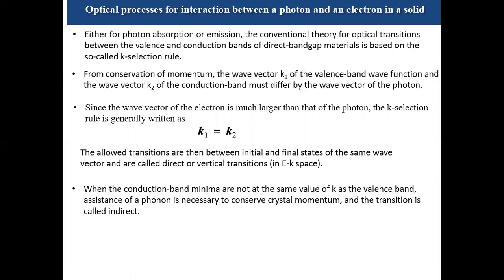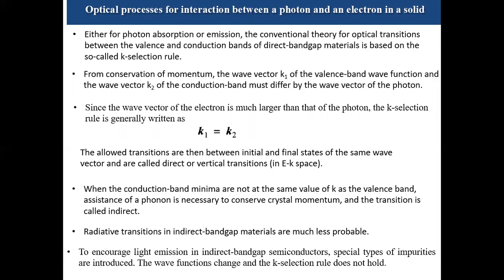When the conduction band minimum is not at the same value of k as the valence band maximum, the assistance of a phonon is necessary to conserve crystal momentum, and the transition is called indirect. The radiative transitions in indirect bandgap materials are much less probable.